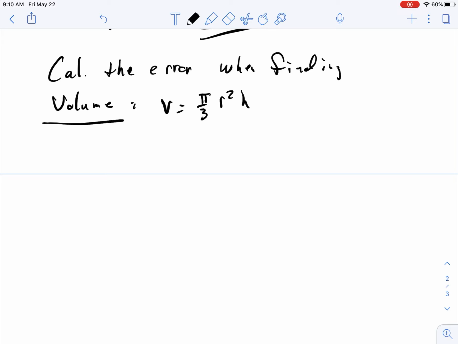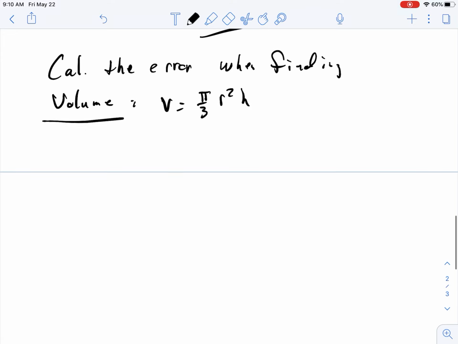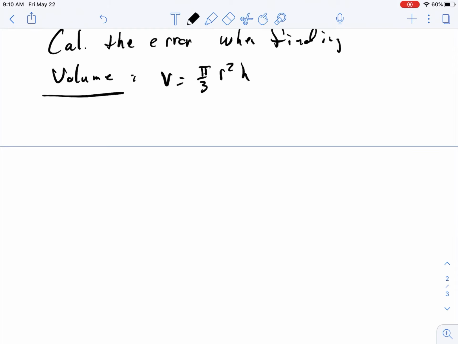But when you create an object of this form, you have materials, plastic or metal or whatever you make your water bottles out of, for example. You might find a certain volume, but you have an error factor of your materials.